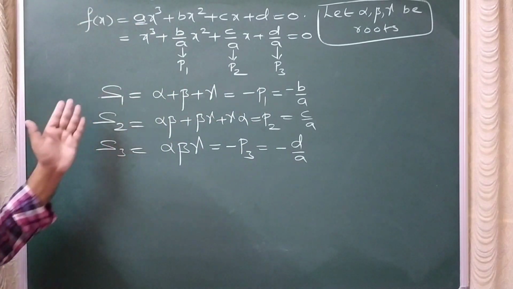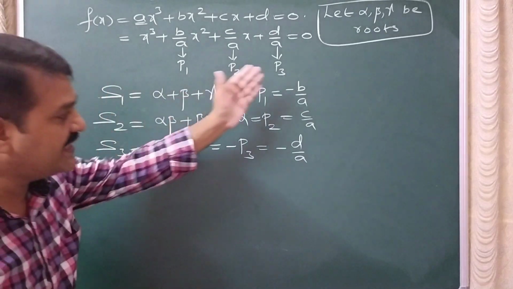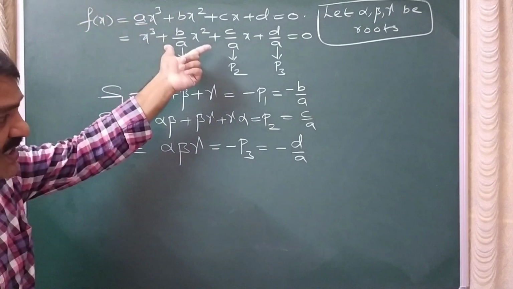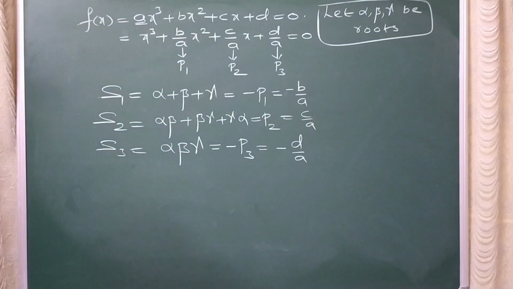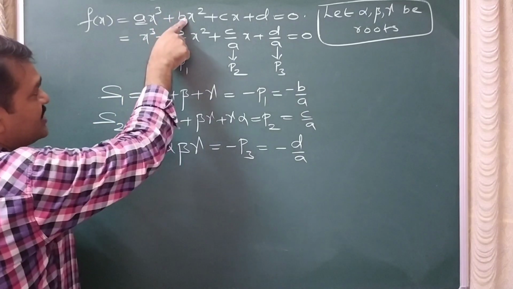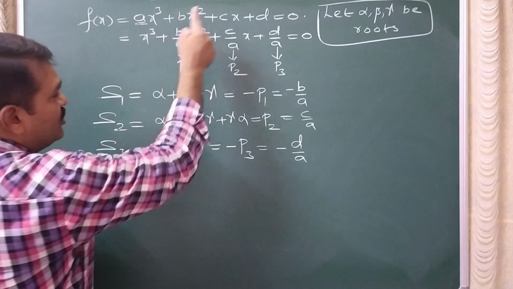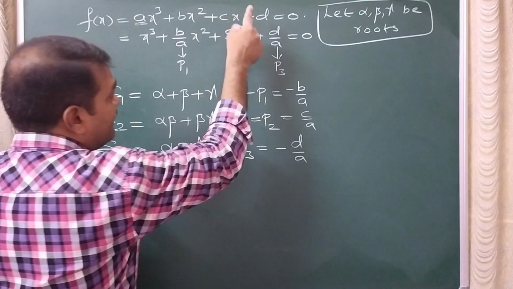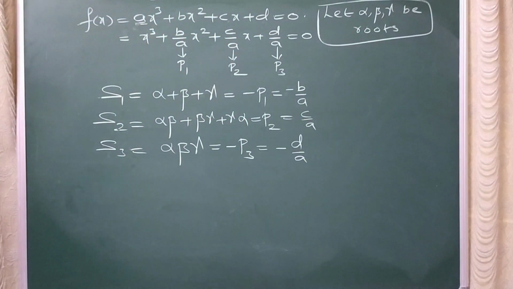So these are S1, S2, S3 full representations and corresponding formulas. When f of x is a cubic equation, you will get like this. So in a cubic equation, what is S1? Minus coefficient of x square by coefficient of x cube. What is S2? Coefficient of x by coefficient of x cube. S3 is minus constant term by coefficient of x cube.